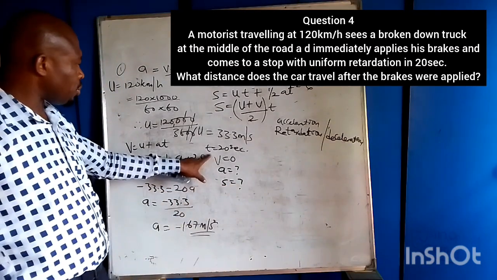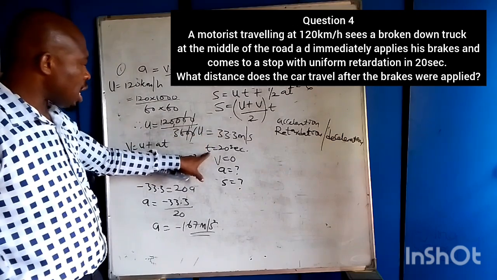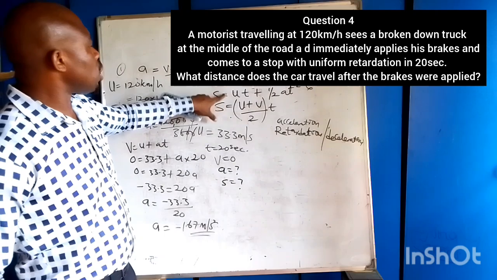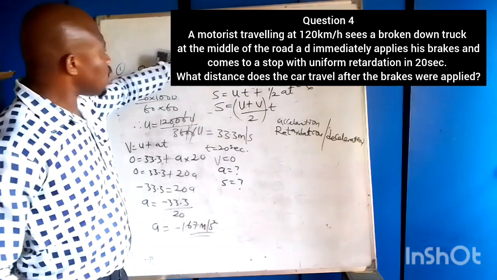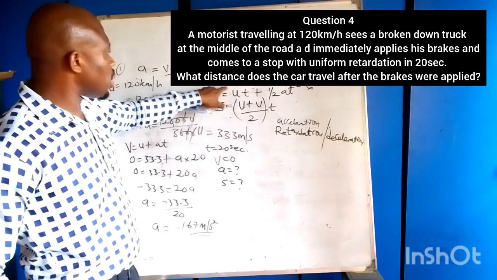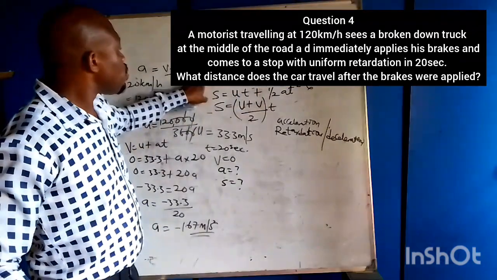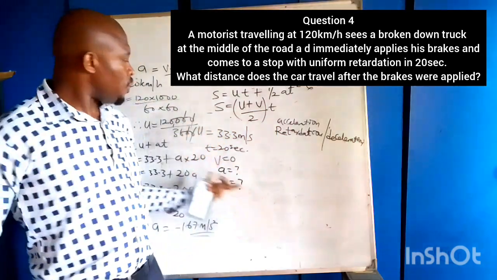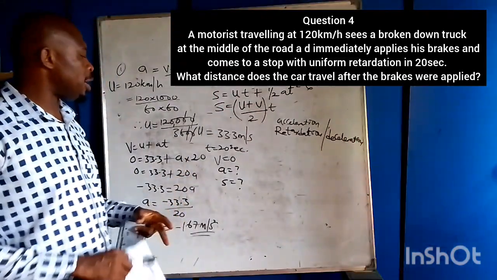If you look at this, we have U, we have T, we have V, we have A, and we have S. This equation has S, U, A, and T. The second equation also has S, and it has acceleration. There are some problems where any of the equations can solve it. For this one, each of these two equations can solve this particular problem.